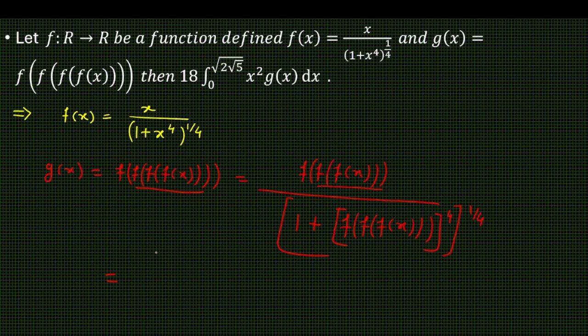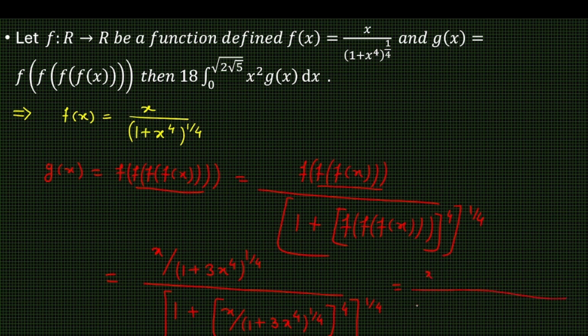Now let's find out g(x). g(x) will be equal to x upon (1 + 3x^4) bracket to the power 1/4. In the denominator, (1 + (x upon (1 + 3x^4)^(1/4))^4) whole bracket to the power 1/4.